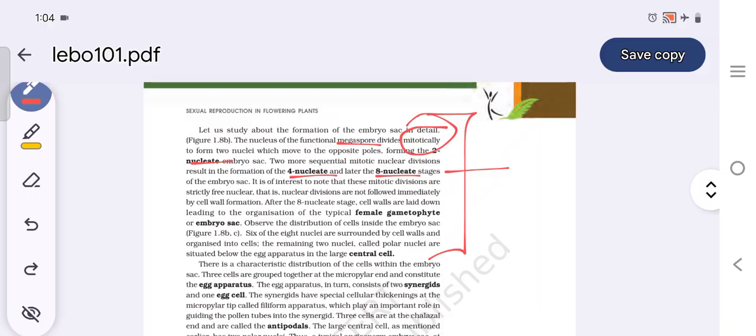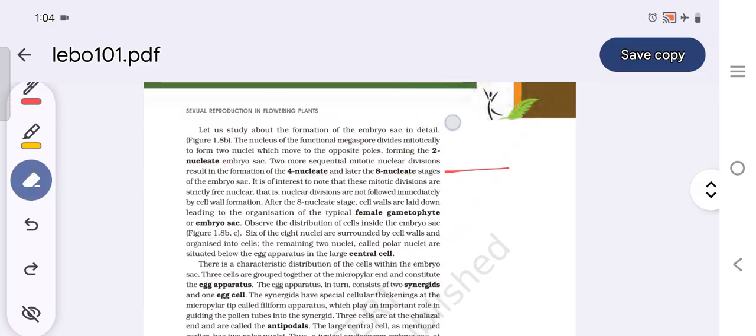After it reaches the 8 nucleate stage, the cell walls develop and it forms a typical embryo sac. That is when you call the megaspore the female gametophyte or the embryo sac.